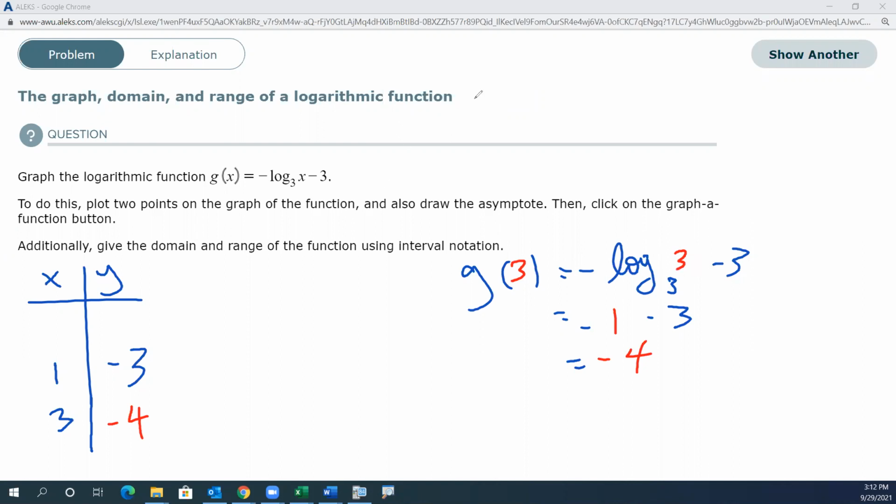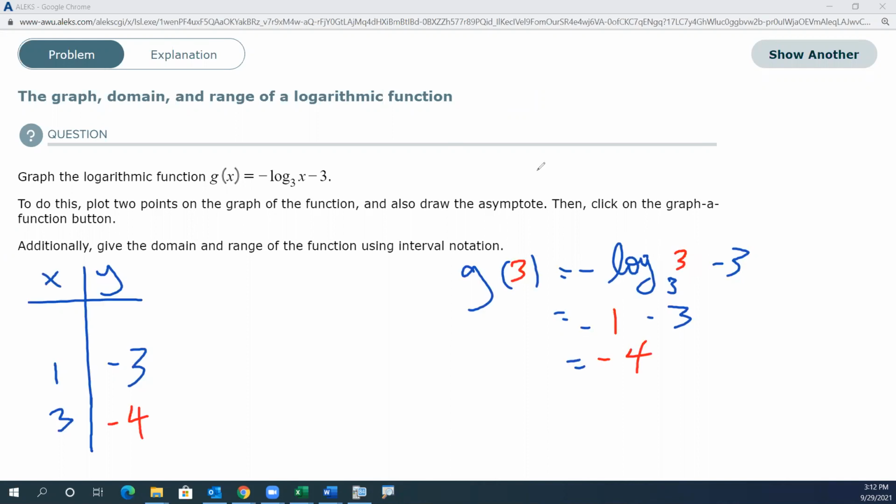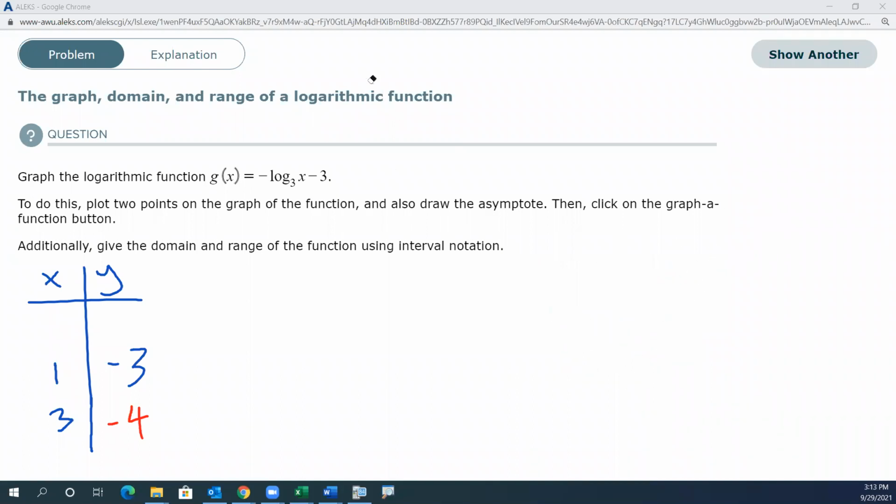Now they say to graph it on the calculator. All right. Well, I'm going to do it by hand, kind of wing it by hand a little bit. So if I do it by hand, it's going to look approximately like this.